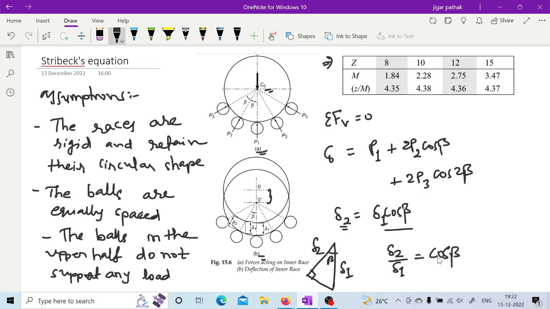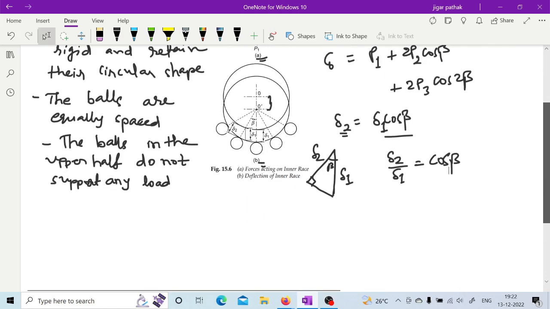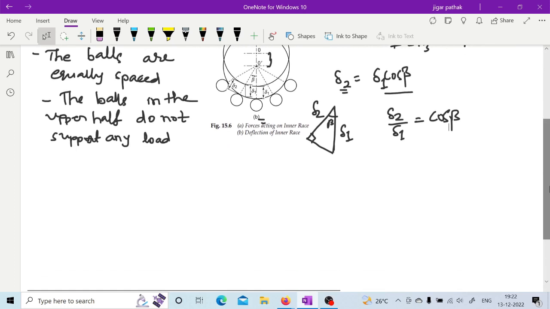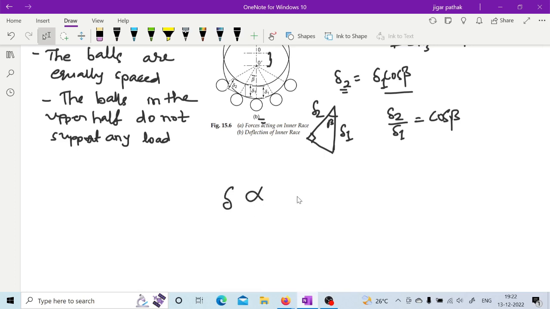Now these are all based on the Hertz equation, right? Because contact stresses are there in this particular application. So based on the Hertz equation, this delta is proportional to the load P raised to 2 by 3, right?